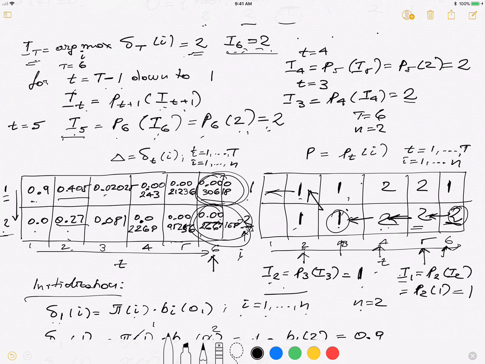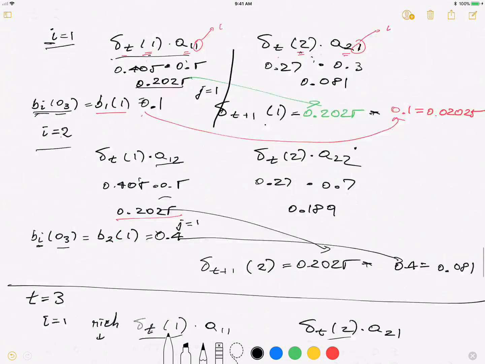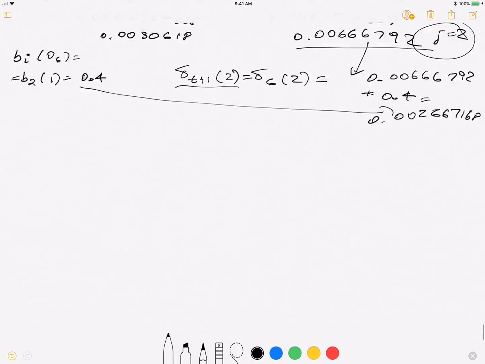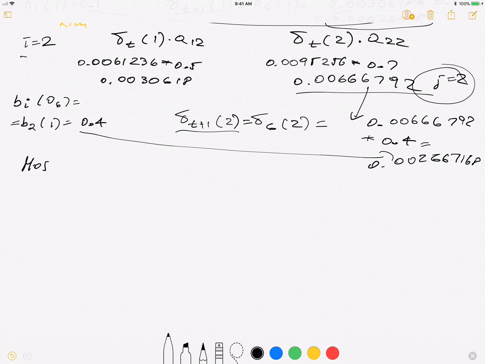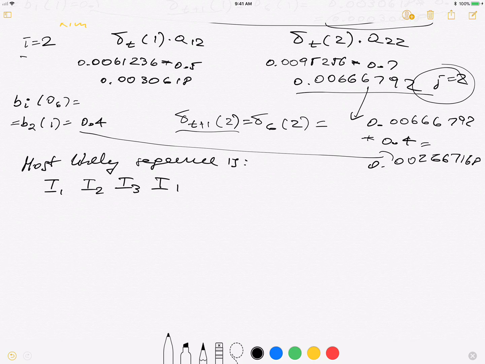And now what's my sequence? I1 is 1, I2 is 1, I3 is 2, I4 is 2, I5 is 2, I6 is 2. So the most likely sequence is of course I1, I2, I3, I4, I5, I6.